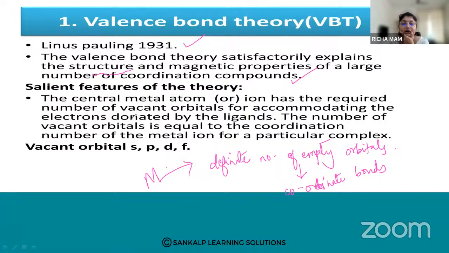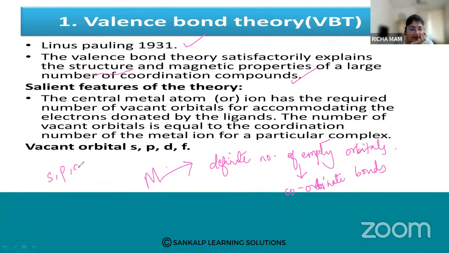So the first one is how many empty orbitals are required for combining. It is provided by the central metal ion. Whatever the number of empty orbitals, that is equal to the coordination number of the central metal ion. Which are the orbitals?